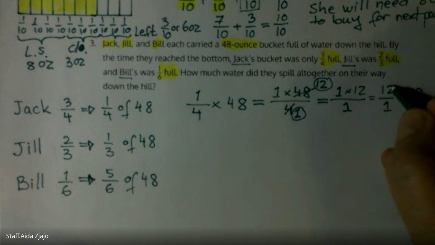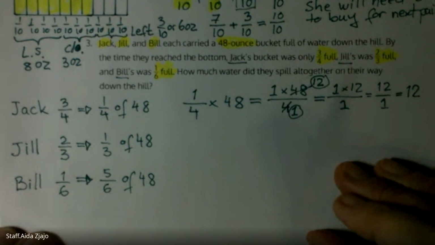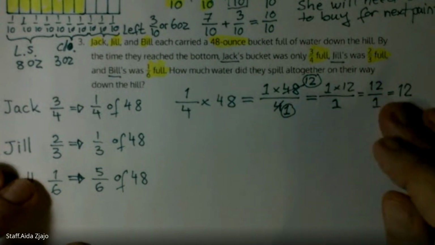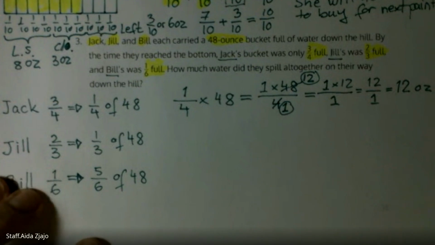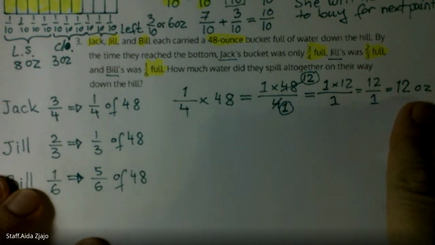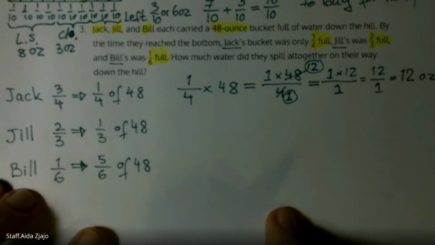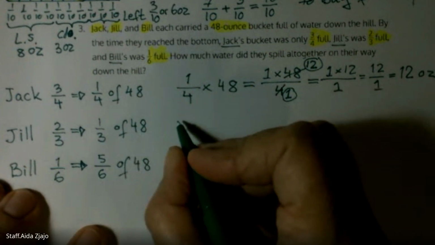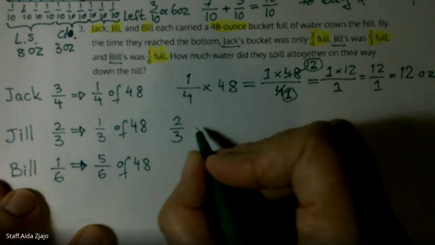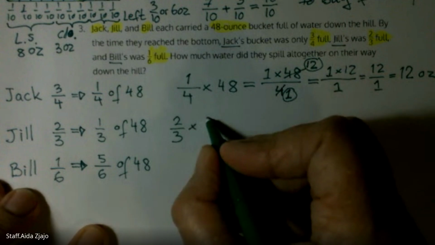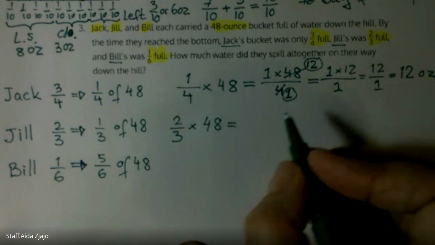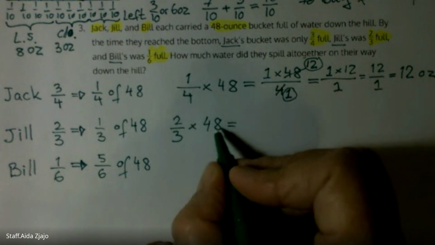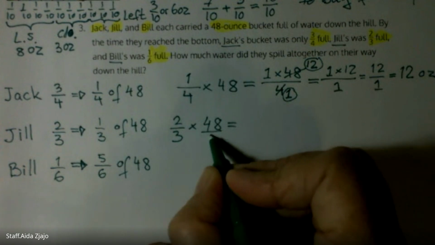It's just the process of how to get there. So how many ounces of water did he lose? He lost 12 ounces of the water. 1/4 of 48 is 12 ounces. Another way is, now let's do 2/3 times 48. Okay, we can do the short way, or we can think about it: imagine the 48 divided by 1.